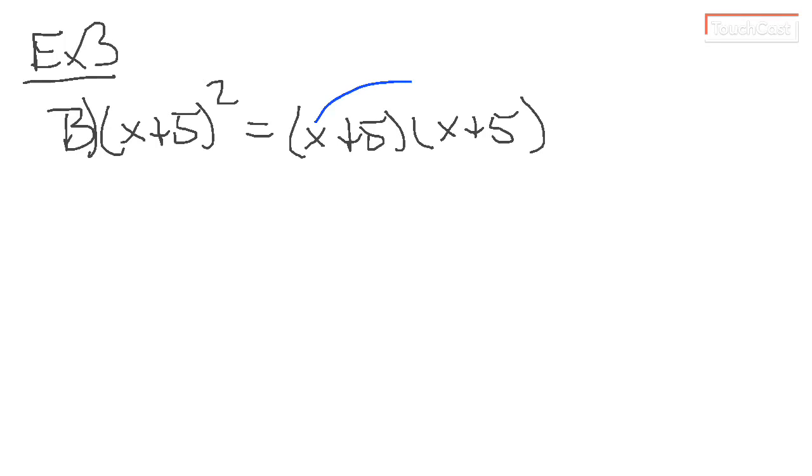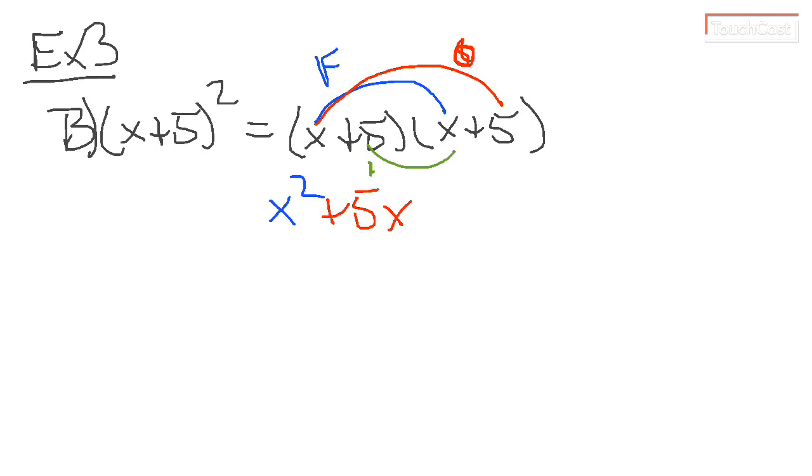We're going to take our first terms, x times x, which is going to just make x squared. We can take our outside terms, x times 5. So we're going to get a plus 5x. Our inside terms, we're going to get another plus 5x.